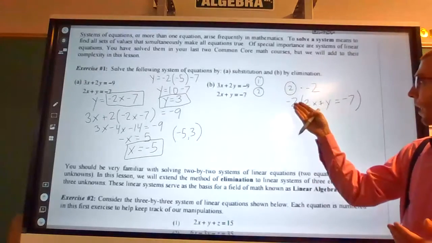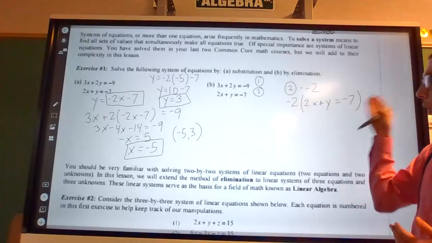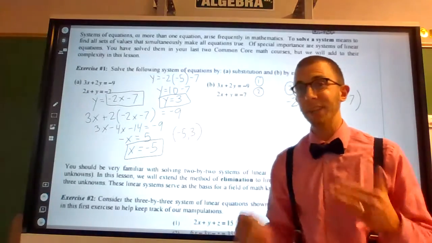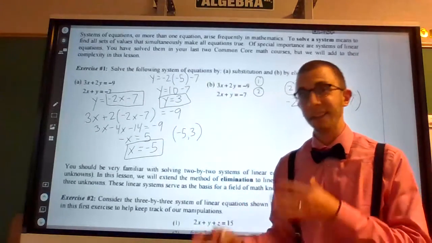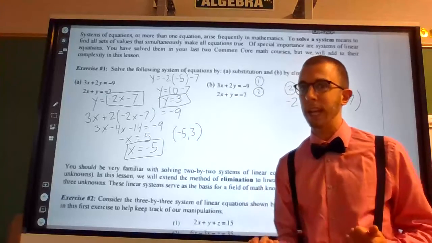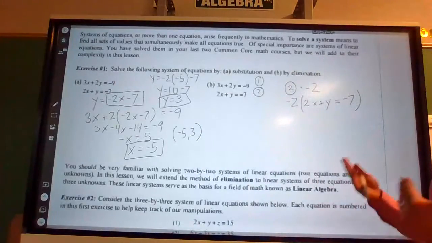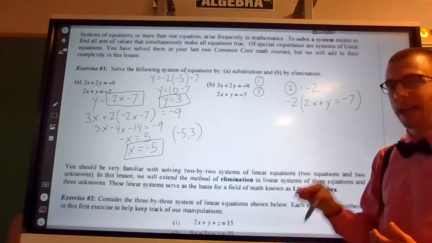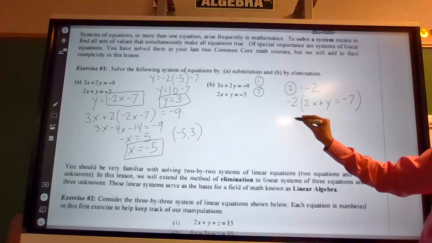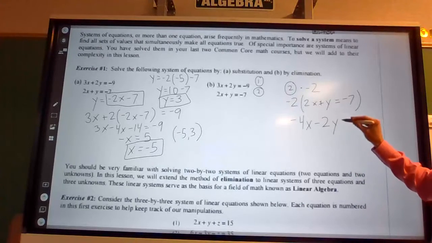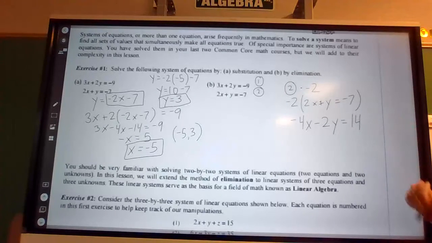If we multiply this number by every term in that equation, that is a legal move because it doesn't actually change anything. Okay, it does not change the equation. Like I said, we're just manipulating it to our advantage. Okay, it's totally legal in mathematics as long as you multiply each term by that number. So by doing that, I get negative 4x minus 2y equals 14.